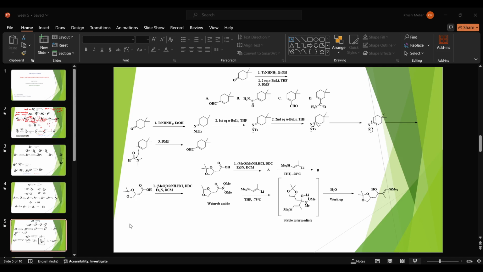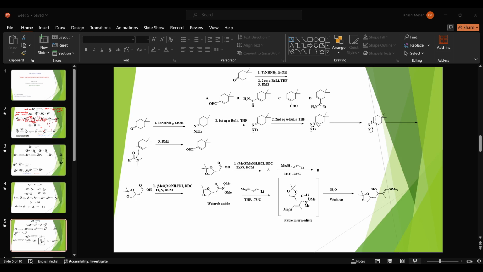In the whole reaction you will get an alkene carbanion, and that will react with any kind of electrophile. In this particular case we are using DMF, N,N-dimethylformamide, and it will attack the formamide, and removal of dimethylamine will happen, and you will get the corresponding formylated product.